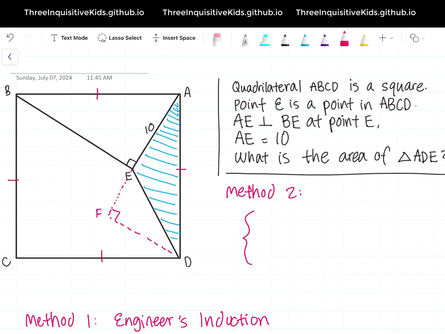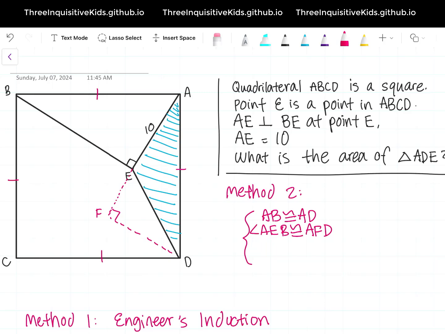Because sides AB and AD are the same length, because it is a square, they are congruent. Also, because angle AEB and angle AFD are both 90 degrees, it means that they are congruent as well.